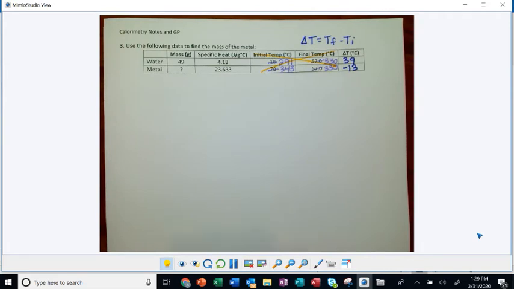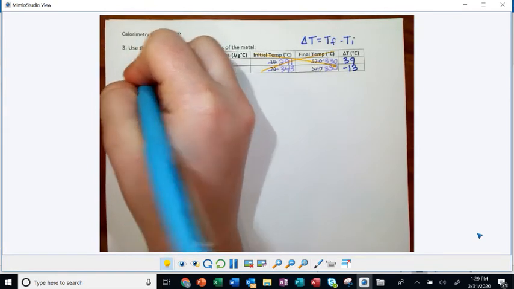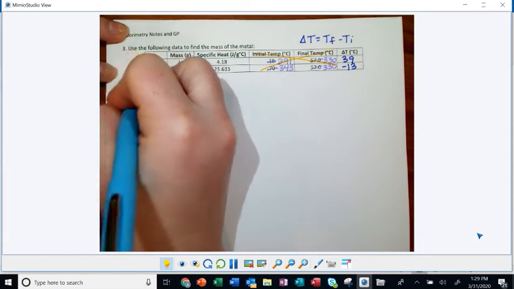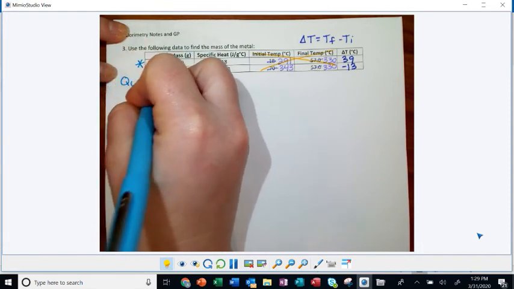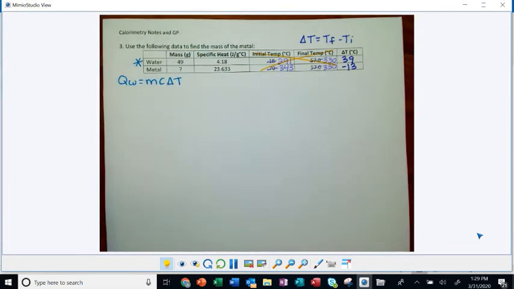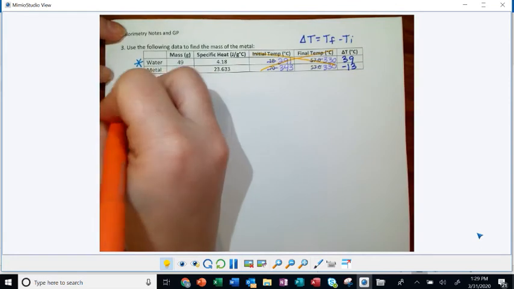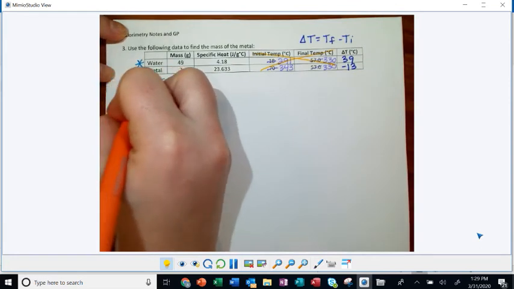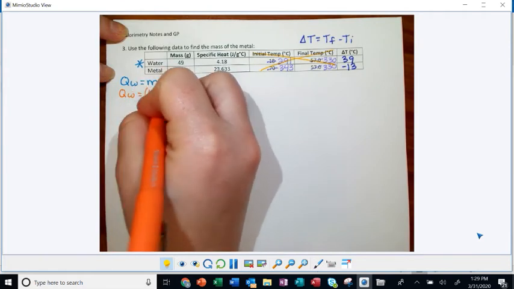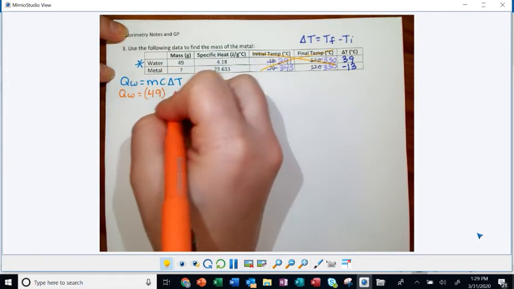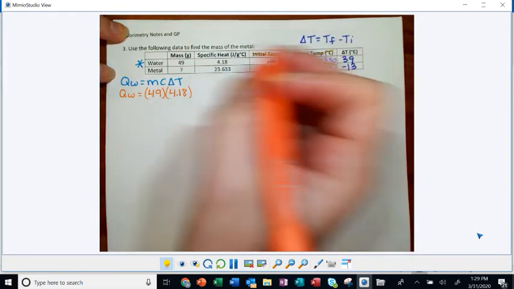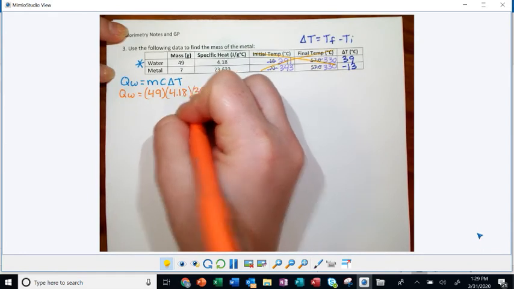Again, no matter what, we have to start with the water. All right? So here we go. Q of the water is equal to mc delta T. So the Q for the water is equal to the mass of the water, which is 49, times the C of the water, which is 4.18, times the delta T of the water, which is 39.